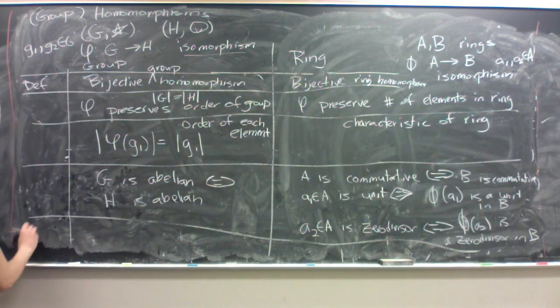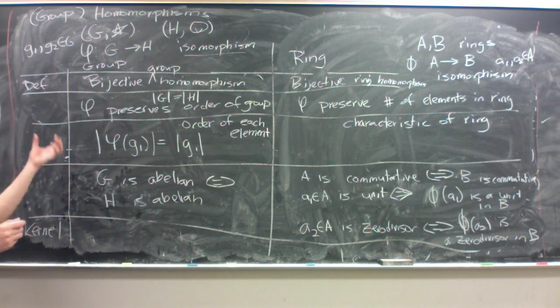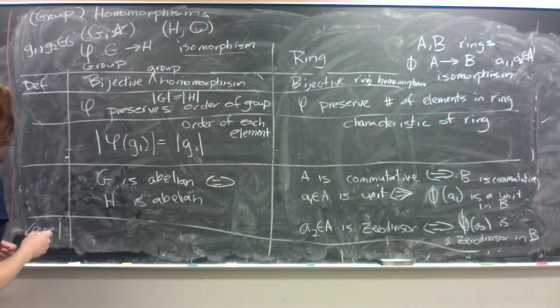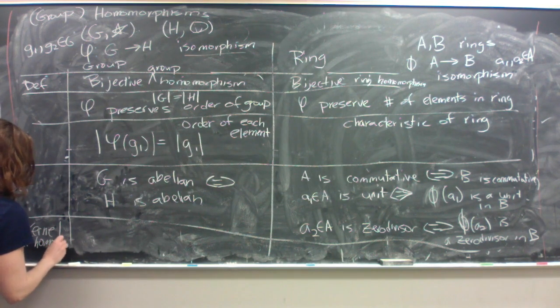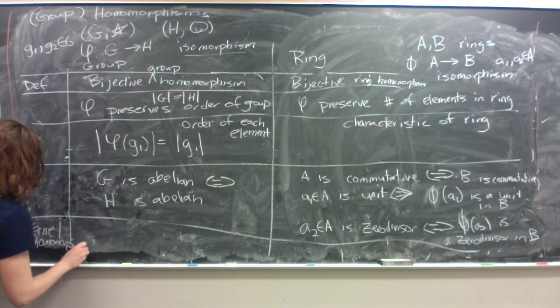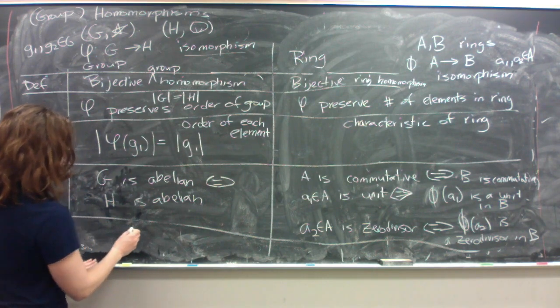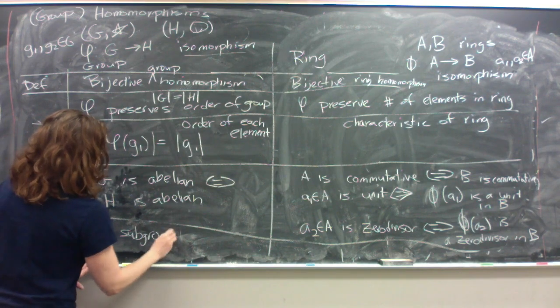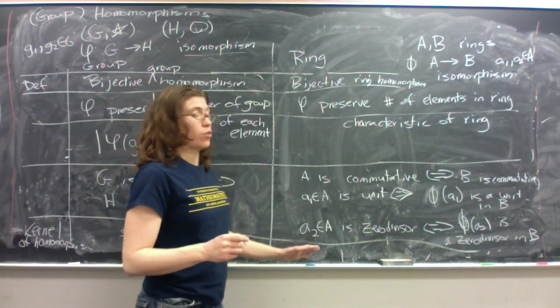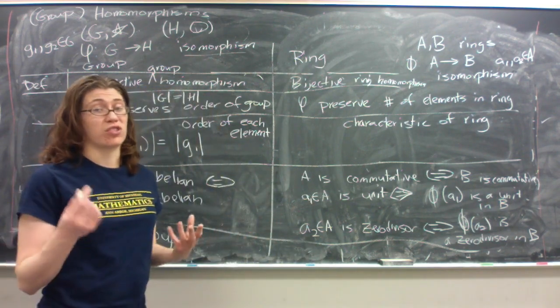We see on our adventure sheet on groups that the kernel of a group homomorphism, I should have said this before talking about isomorphisms, is a subgroup, but the kernel of a ring homomorphism was not a subring, it was just an ideal.